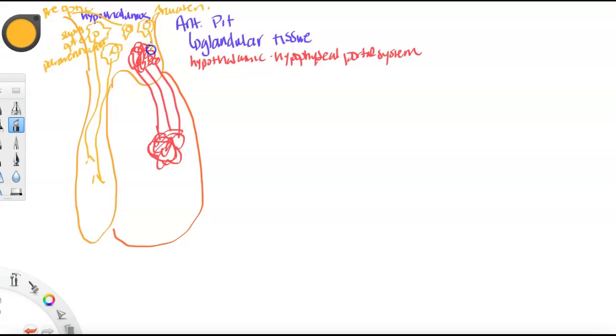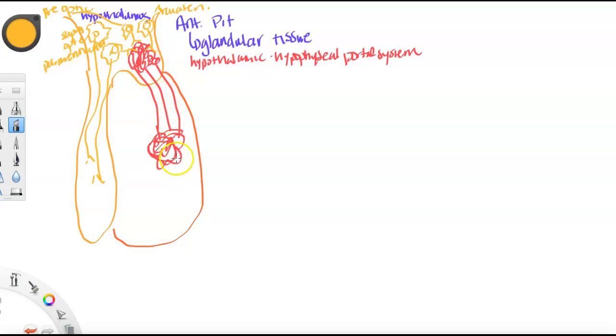But instead of being stored in the axons and going down into the anterior pituitary, they are secreted into this capillary bed, and then they flow from the hypothalamus to the anterior pituitary from the vessels in those two capillary beds, from one to the other.